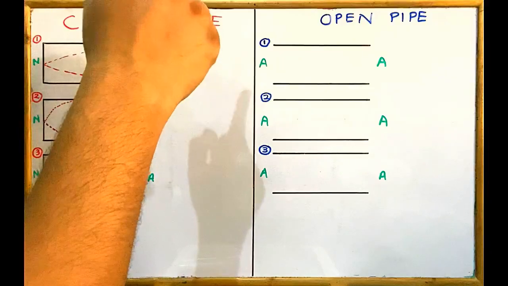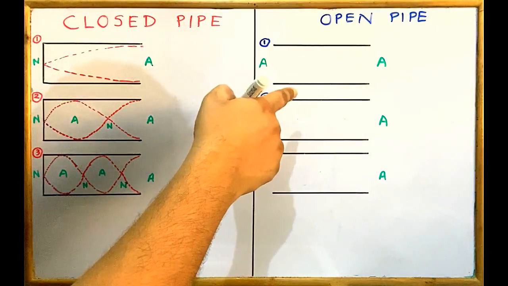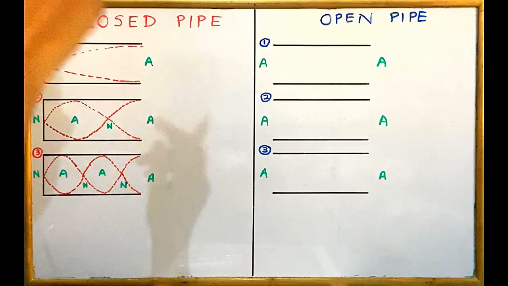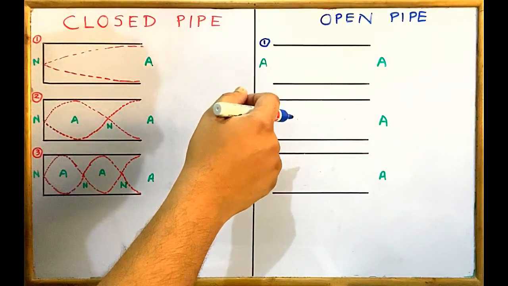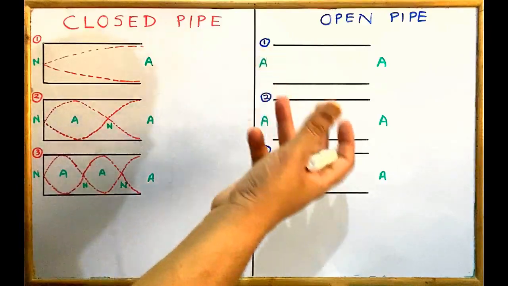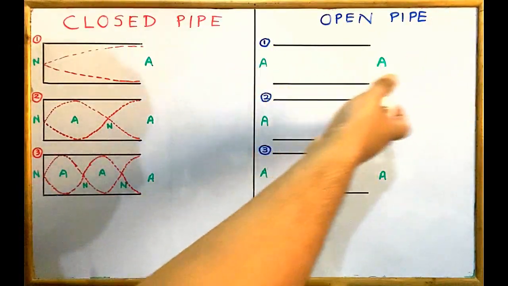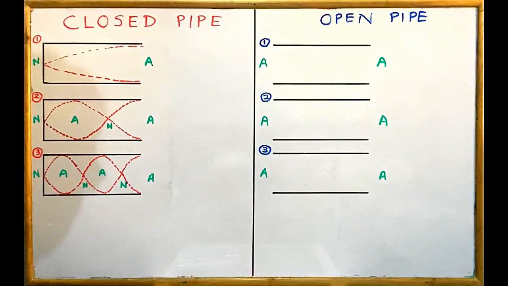So again, it's a longitudinal stationary wave inside, but we are representing it by drawing a transverse stationary wave, or in other words, we are drawing a graph. Again, it's a graph of, on the x-axis there is distance, on the y-axis there is amplitude.